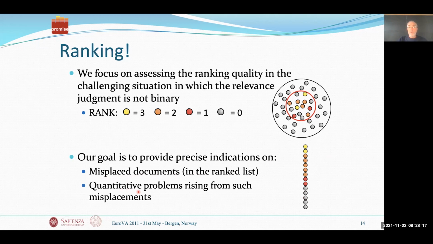We want to measure the problem arising for the user. Be careful: information retrieval is a very robust and still active area. The problem has not been solved, not now.